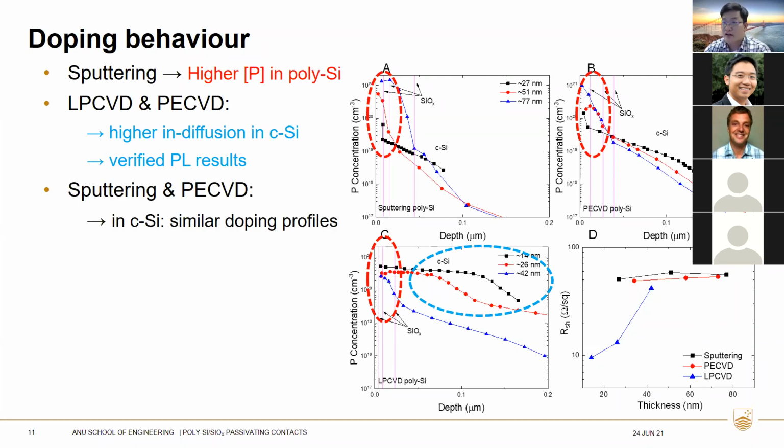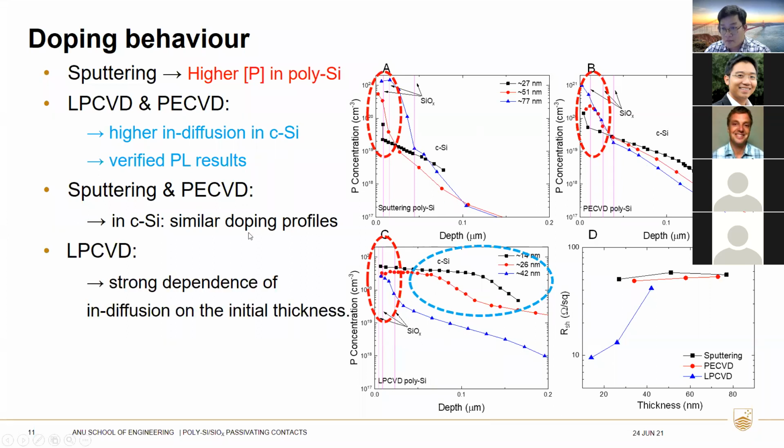On sputtering and PECVD, in the crystalline silicon substrate, we see similar doping profiles. Meanwhile, for LPCVD, we see a strong dependence of the indiffusion on the initial thickness. Also, I provide here the sheet resistance plot to confirm the ECV profiles.